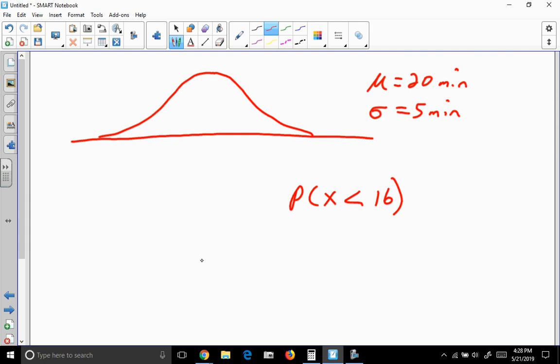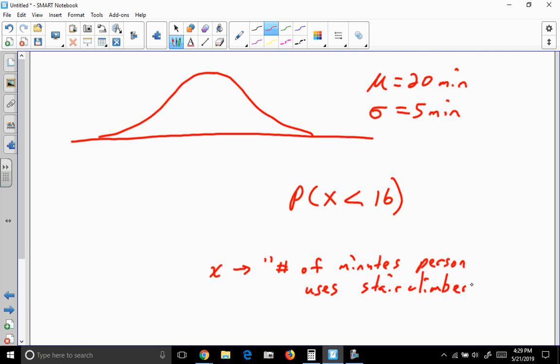So let's just make a note. X is our random variable. X is the number of minutes a person uses the stair climber. So if I randomly pick a person, what is the likelihood that the number of minutes is less than 16?